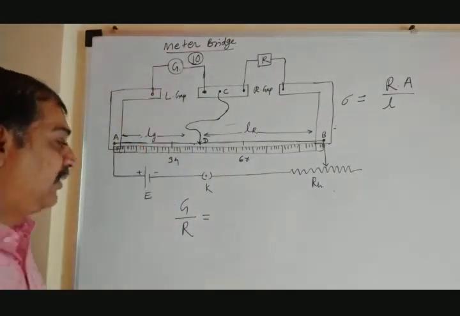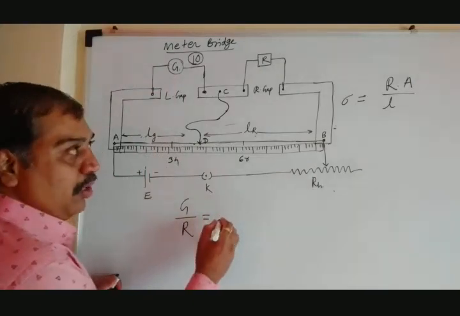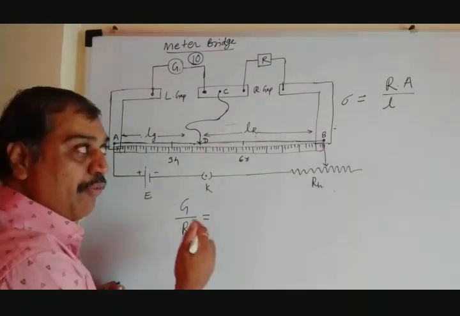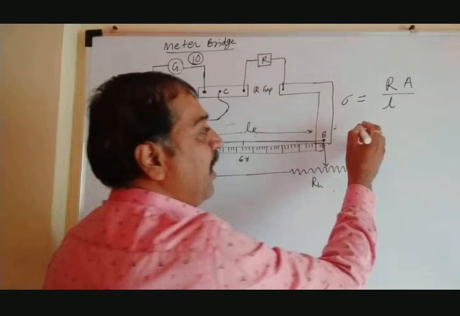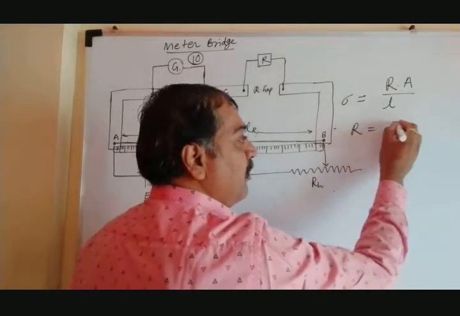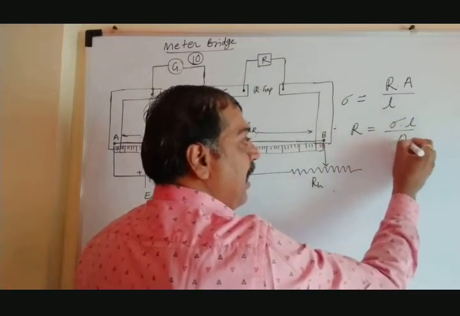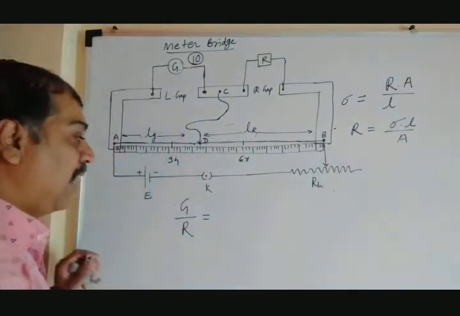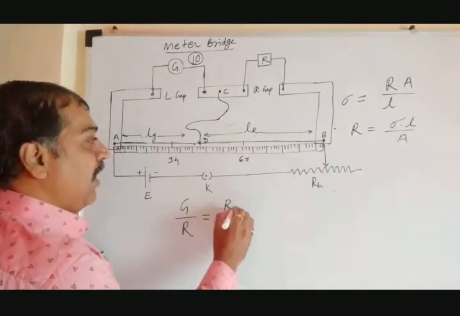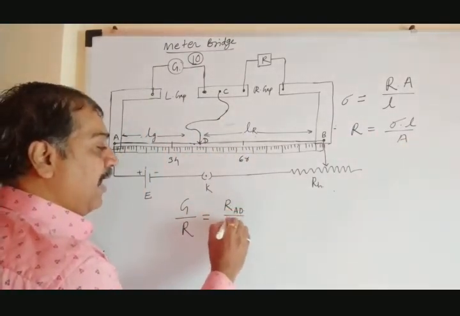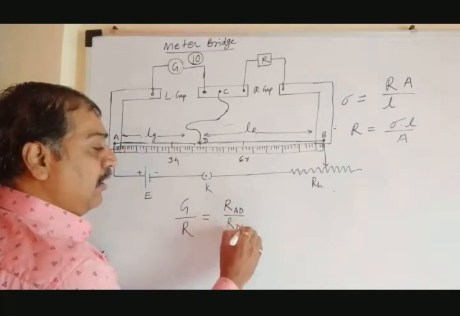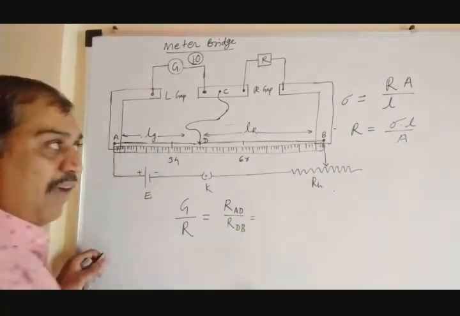So you can write G by R equal to what? That same formula we have to use here. The formula for resistance is R equal to sigma L divided by A. So you can write the resistance of wire AD divided by the resistance of wire DB. Now you can put the values.